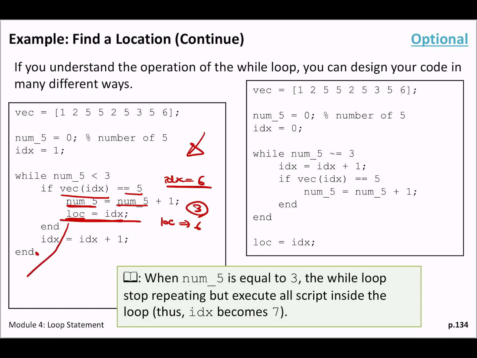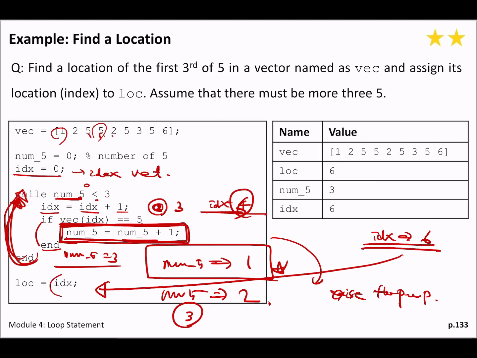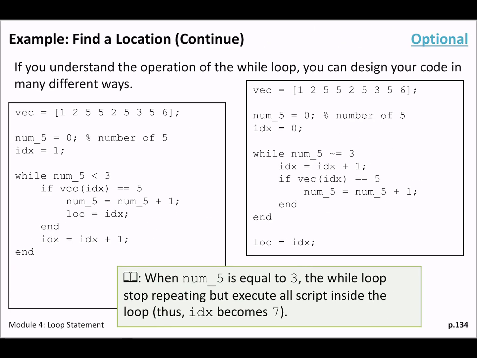And then here num5 becomes 3, right? Because it's already 3, so we can escape the while loop, right? We can still get the location of the third 5 using this code. Okay. But here, the difference is that in this case we assign the location value only one time. But what about this one?